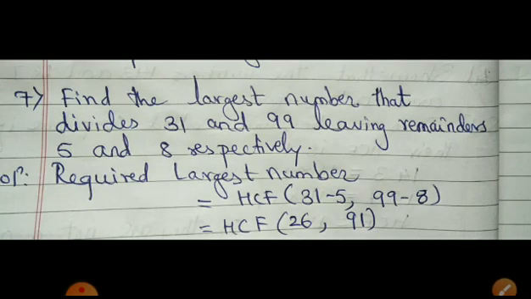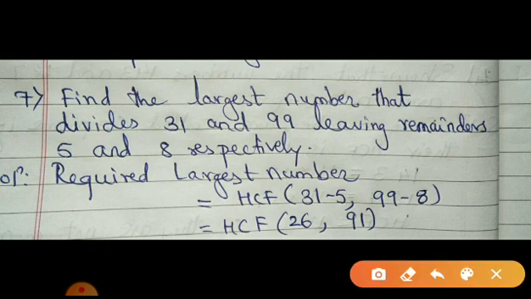Same type of question. Find the largest number which divides 31 and 99, leaving the remainders 5 and 8. Same type. So what to do here? I have to find first 31 minus 5 and 99 minus 8, and its HCF will be the required answer.